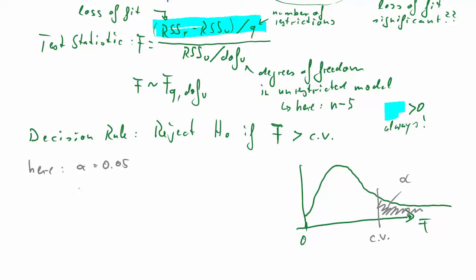So let's put some meat onto the bones. Let's say the alpha is 5%. Now, what degrees of freedom does our F distribution have? We have 3 restrictions, and the degrees of freedom of the unrestricted model is 428 observations minus 5. I hadn't given you the 428 before, so 423 degrees of freedom. What we now need is the critical value for this distribution.